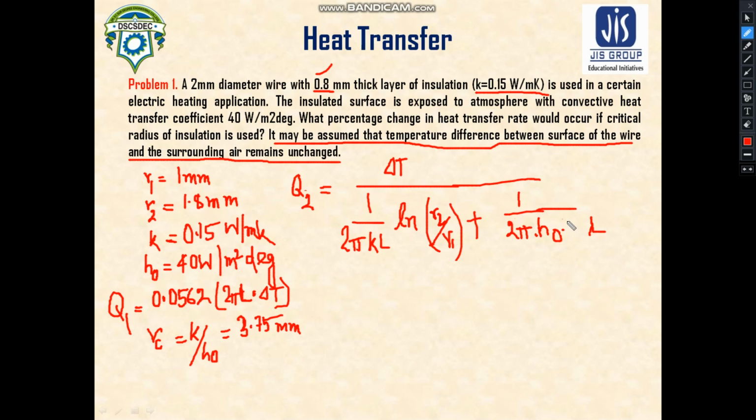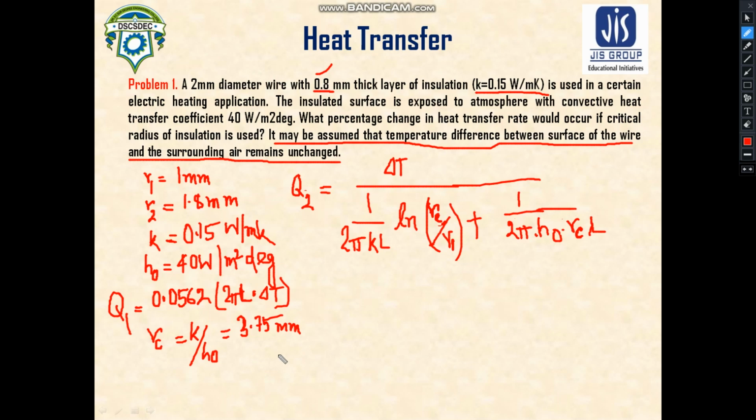So please correct it. This is the modified formula. I think I have made the same mistake again, so it would be RC. Now you know the value of RC, right?